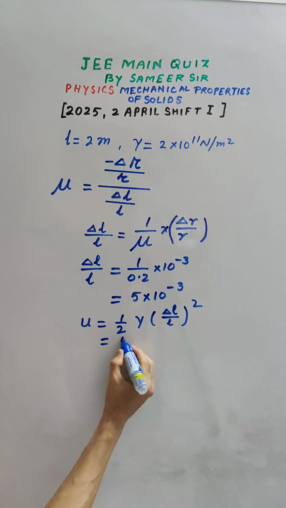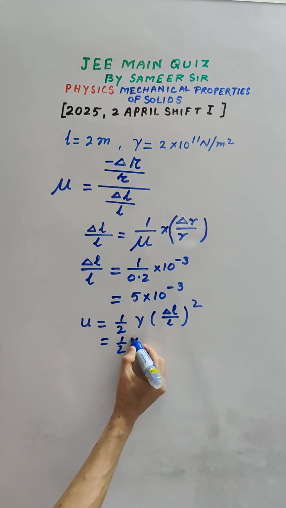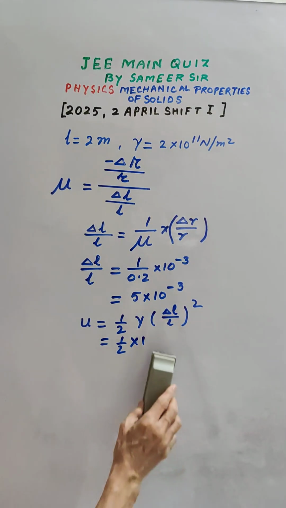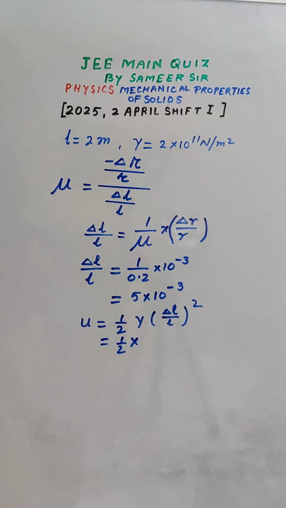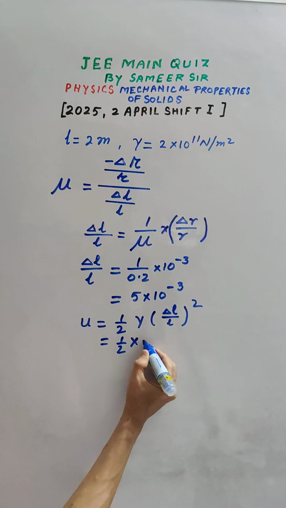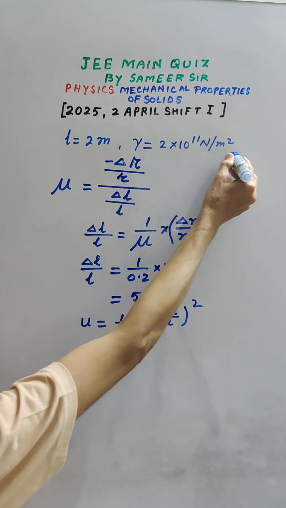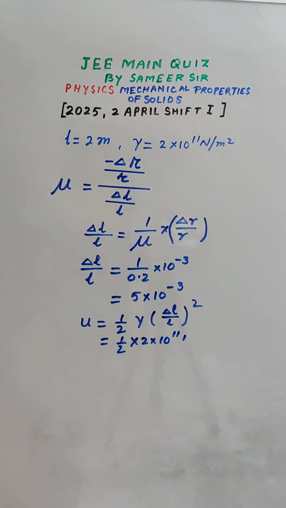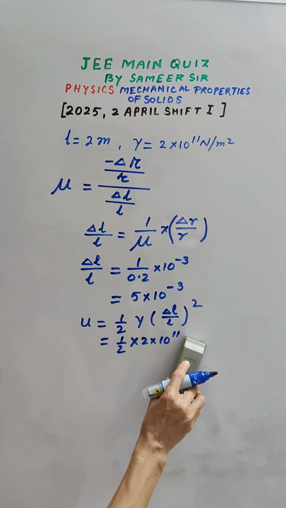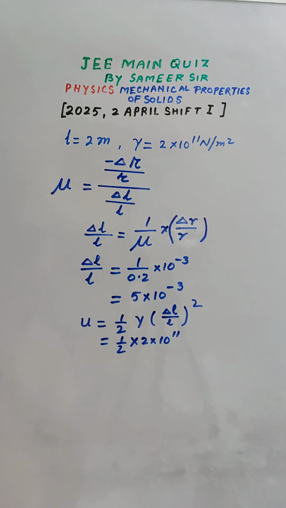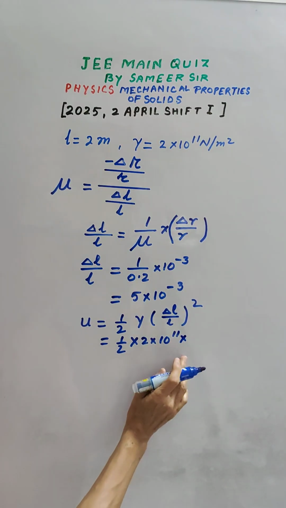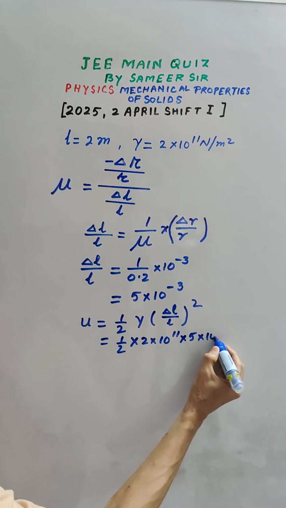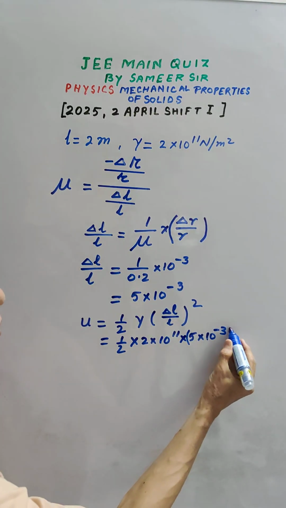So this will be 1 upon 2 into the value of Young modulus, 2 into 10 to the power 11 Newton per meter square, into the value of delta L upon L, 5 into 10 to the power minus 3, square.